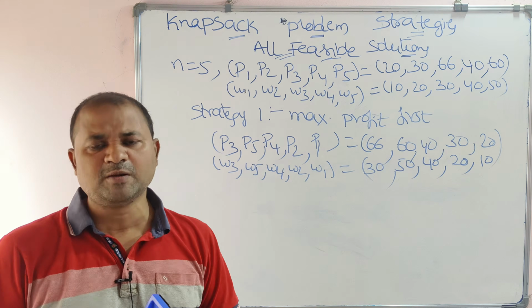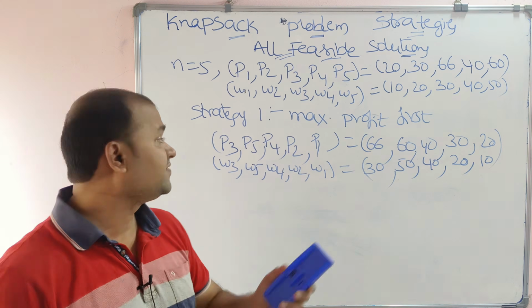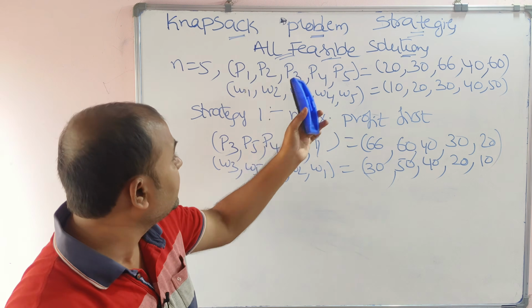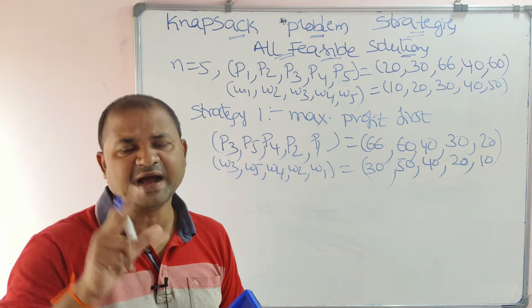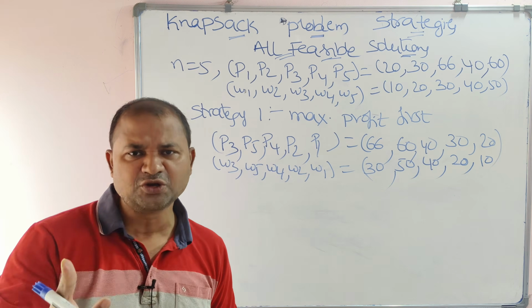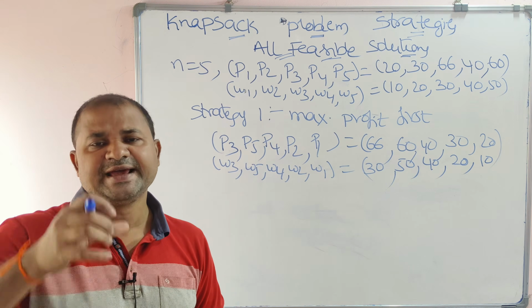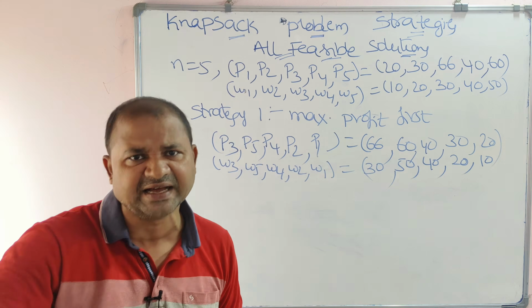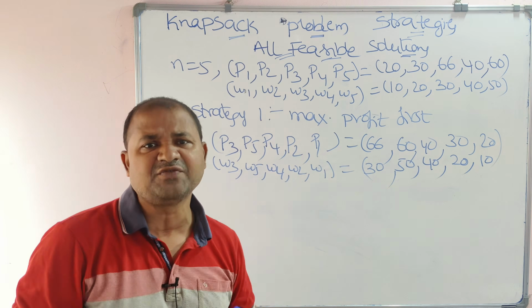For this problem, we have to find all the strategies as well as all the feasible solutions. What is a feasible solution? Here we have two kinds of solutions, feasible solution and optimal solution. A feasible solution means a solution which satisfies the constraints of a problem. Here, what is the constraint of the problem?